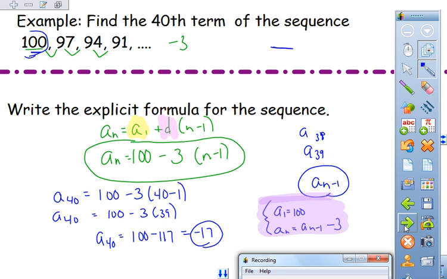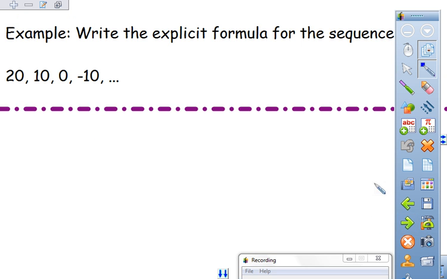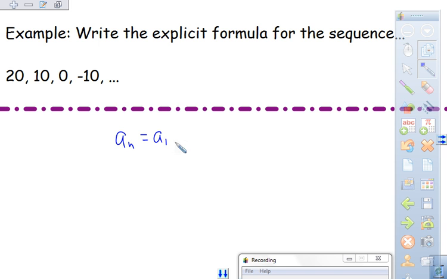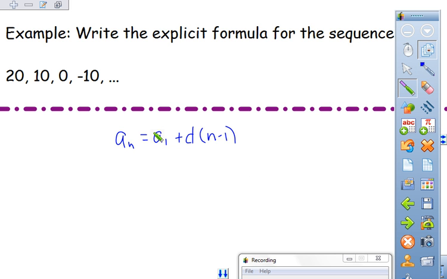Let's try another one. Write the explicit formula for this sequence. So a sub n equals a sub 1 plus our common difference times n minus 1. So the only things we have to figure out are what is our first term and what is our common difference.